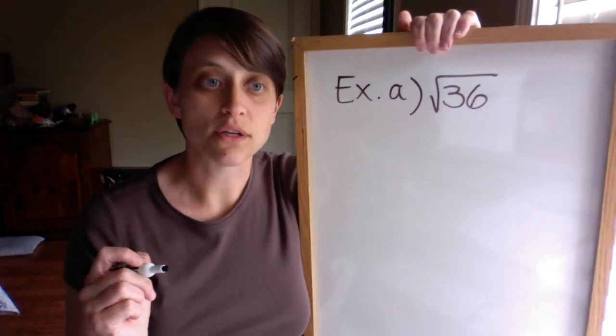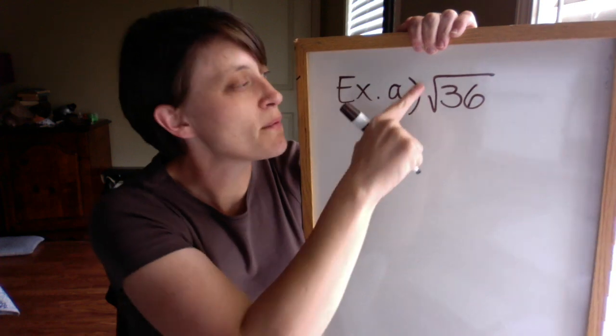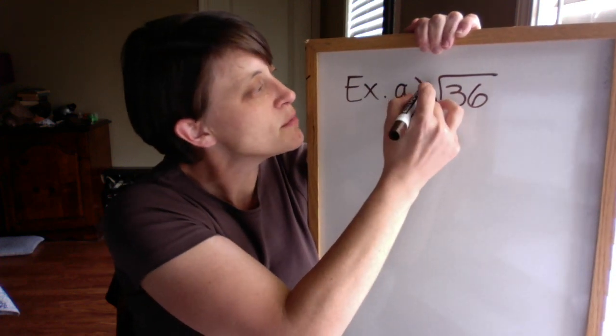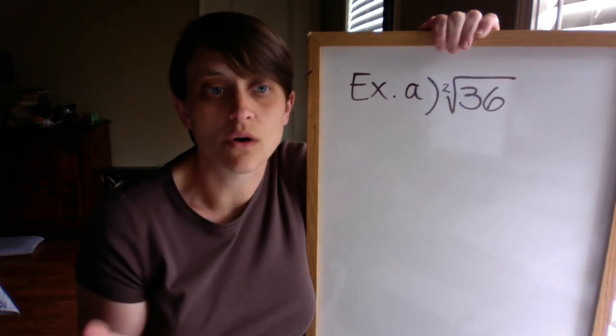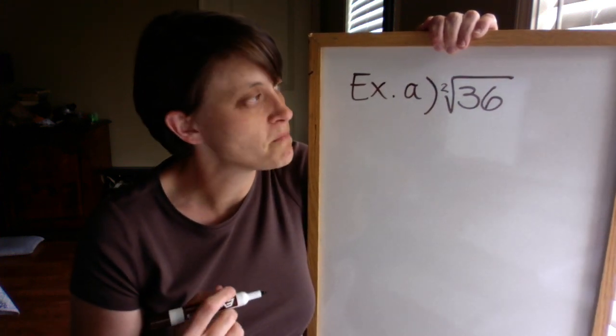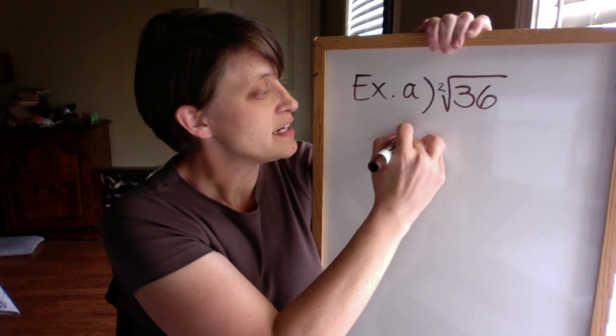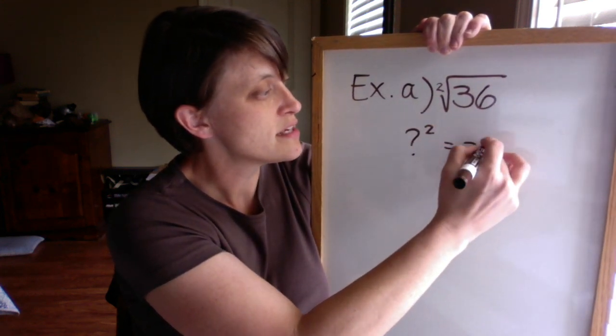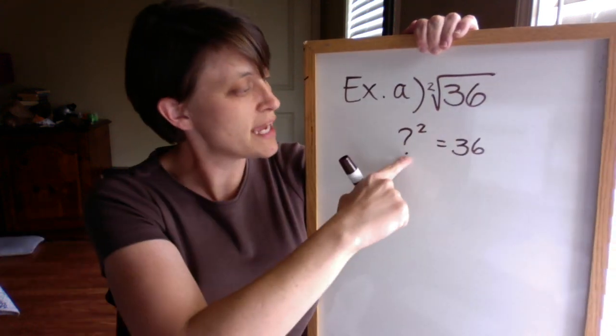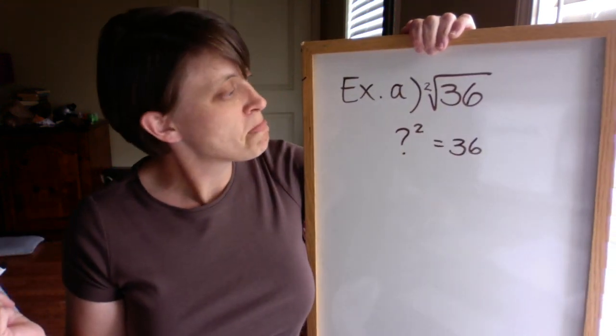Let's look at the square root of 36. We know it's a square root because we don't see an index. If you want to remind yourself and put a little 2 up there as an index, that's not wrong. It's just not something we typically do. What we're trying to find here is what number squared gives us 36. So we're trying to answer this question mark right here.